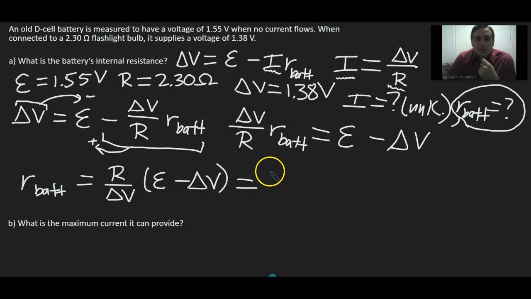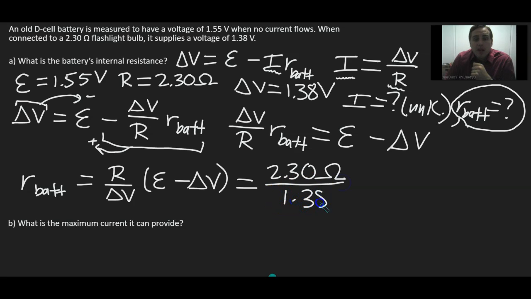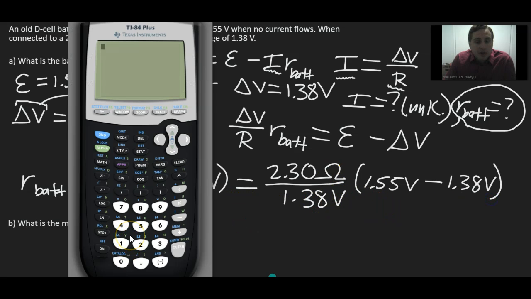Okay, so now let's put in the numbers. The load resistance should be 2.30 ohms. We also know the delta V is 1.38 volts. And then the EMF is 1.55 volts. And then the delta V is 1.38 volts. Okay, so let's calculate this value. The calculation becomes the following. It should be 2.30.